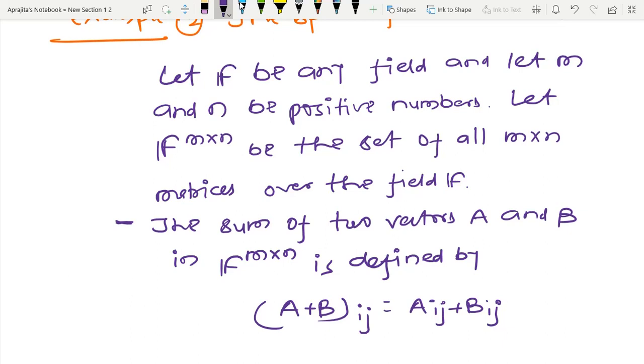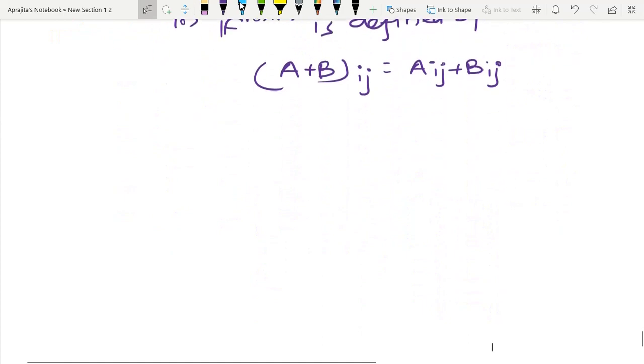After defining the sum, we also have to define the product. So I'm going to define the product.